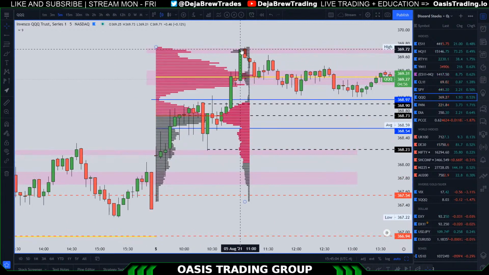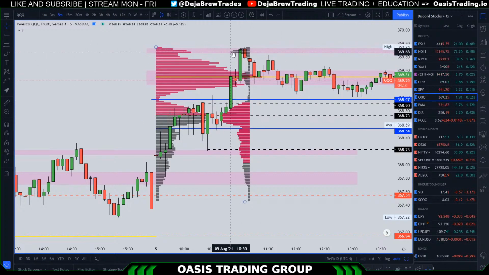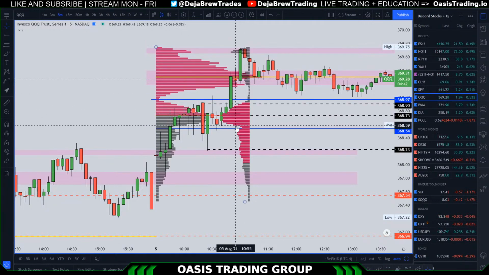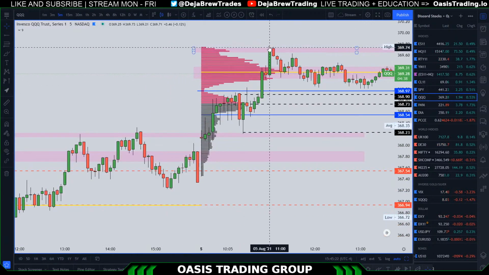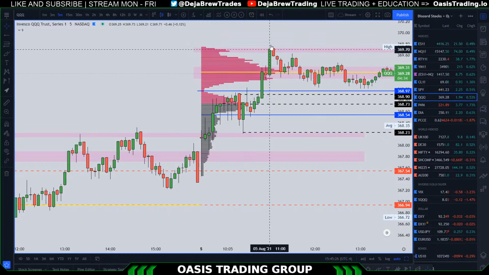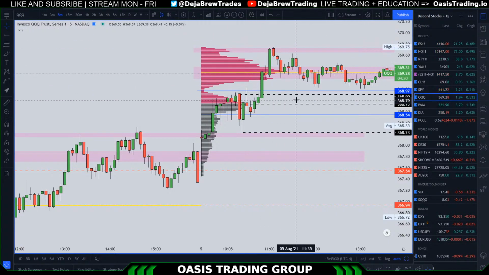You can see how big that node got in literally only one candle. That is damn near the POC in one 5-minute candle. If it traded there for 5 more minutes, that would have been the POC. So that was just a bullish breakout finding value. That's why it was going up so fast, because there was no resistance.